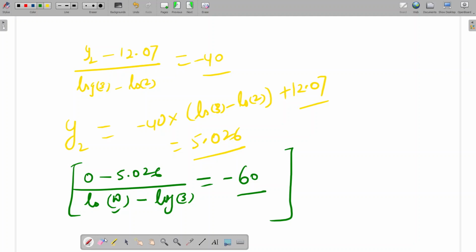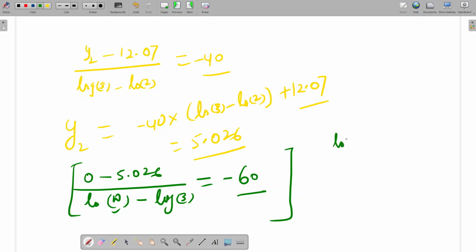So minus 5.026 divided by minus 60 plus log 3. Yes, this we are getting 0.56088.